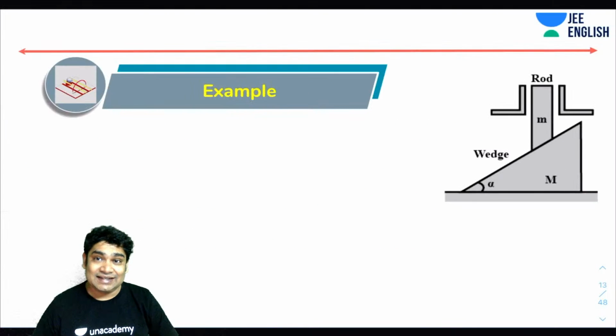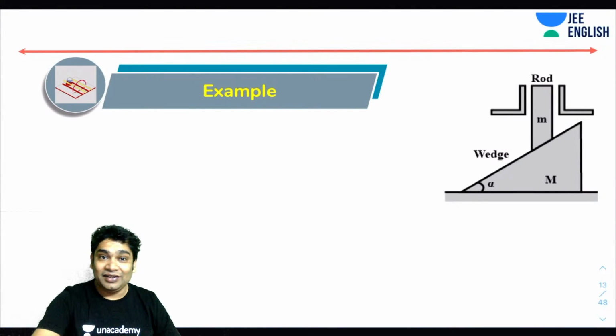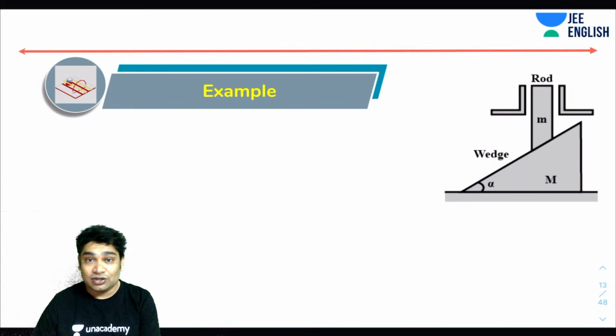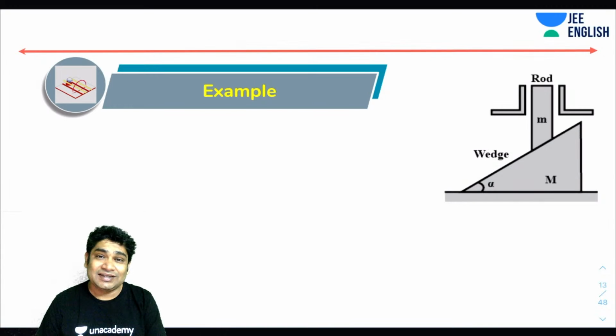So here is an example, and you can derive the wedge constraint equation very easily using the logic that I just told you. This is a typical example of wedge constraint where you have been told that mass small m is constrained to move in the vertical direction because of this slot, and this wedge obviously will move in the x direction. You have to find the accelerations of both these masses.